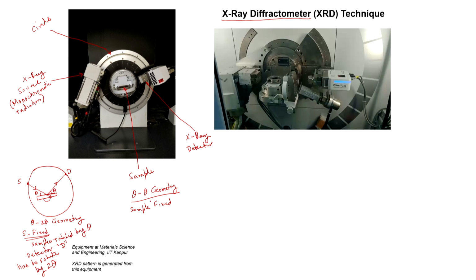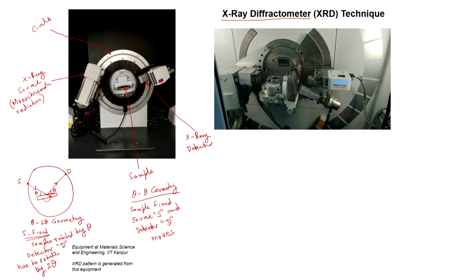However, the source and the detector move by equal angle theta, and that is why it is called the theta theta geometry. So, here source S and detector D move. Now, what kind of a diffraction pattern will I get?